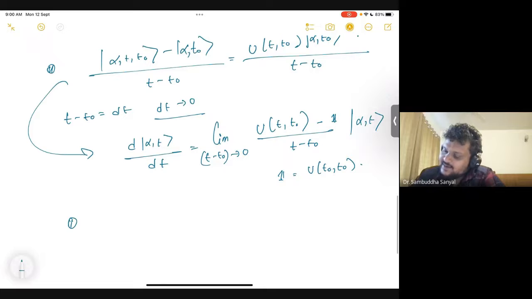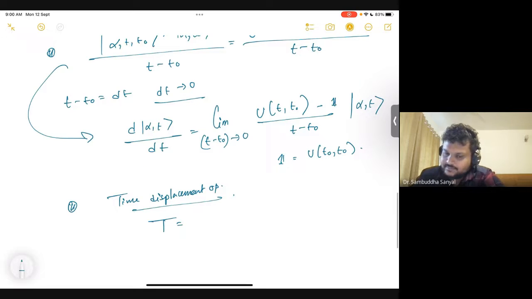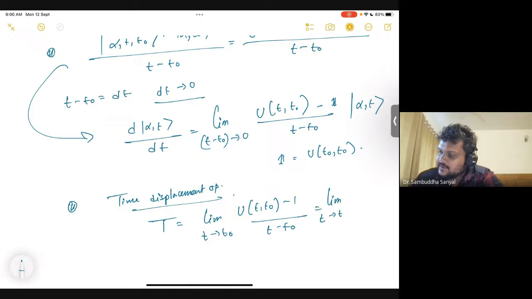Then I define a time displacement operator, which is the generator, and that is defined with a modulo e to the power i gamma u, where I can set gamma equal to 0 without any loss of generality.